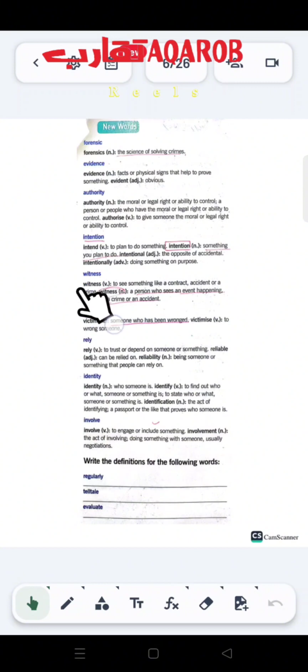Now the word witness. Witness as a verb, it means to see something like a contract, accident, or a crime. And witness as a noun, it means a person who sees an event happening, especially a crime or an accident.